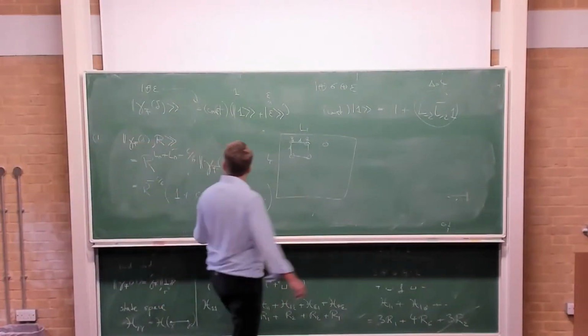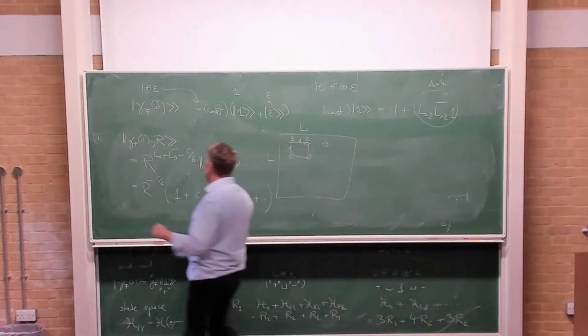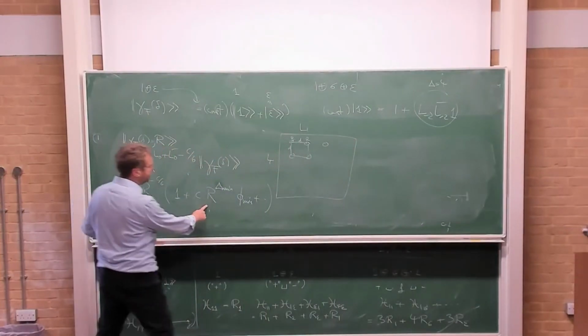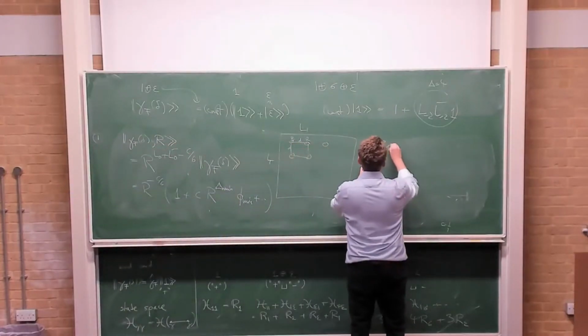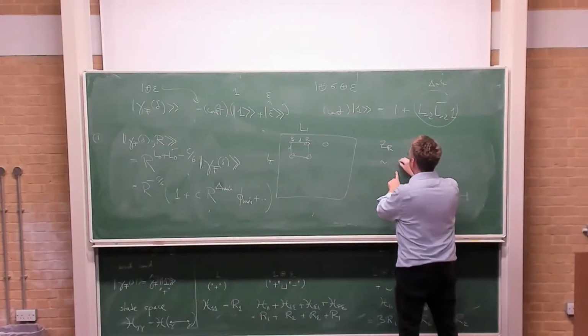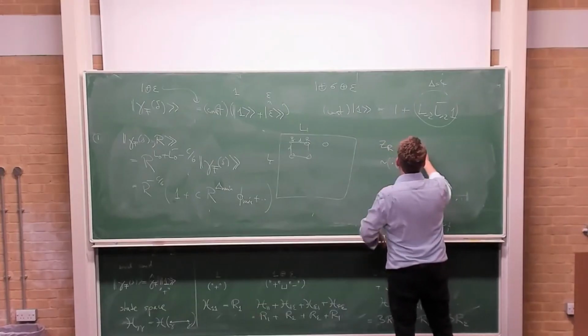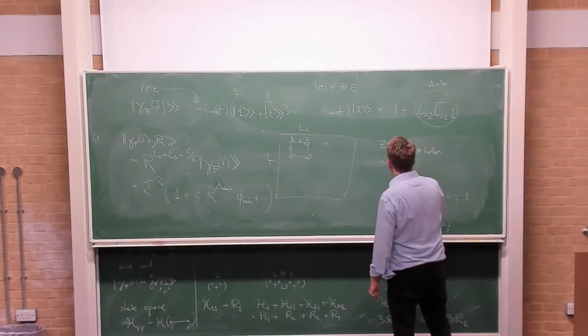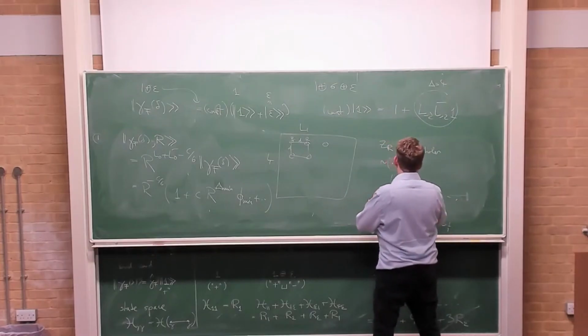Okay, so what happens? So now I want to see if I do this for every hole. So then the Z(r) will somehow go like r to the minus c over 6, maybe some constant here, to the number of holes. And then what's the leading term? So let me be a bit schematic here.